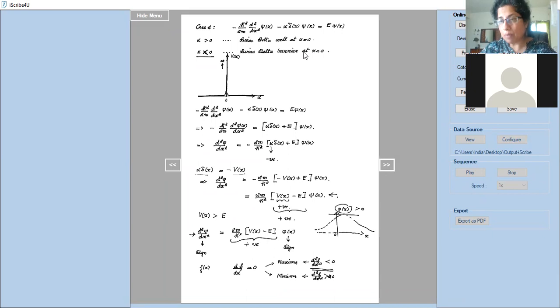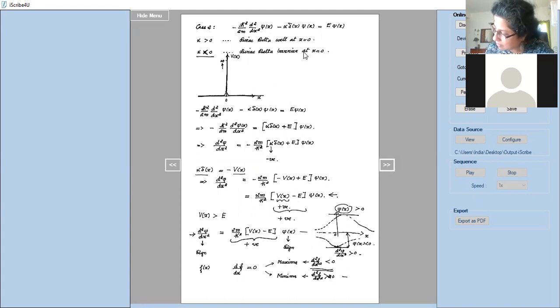However, if psi of x is negative, for normalization you need a position which is going to be a minima, and minima means that your d square psi by dx square should be positive, correct? But this is for psi of x negative.